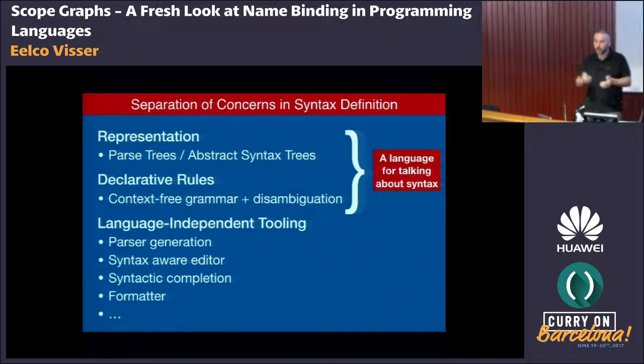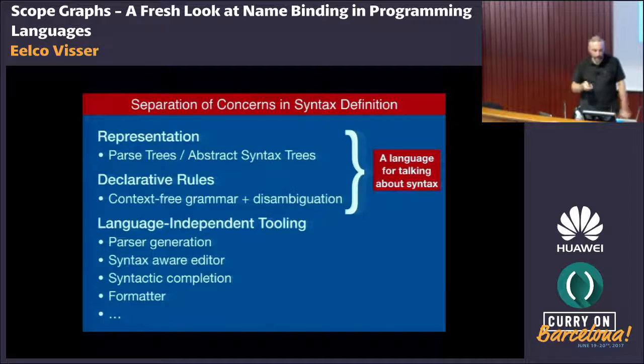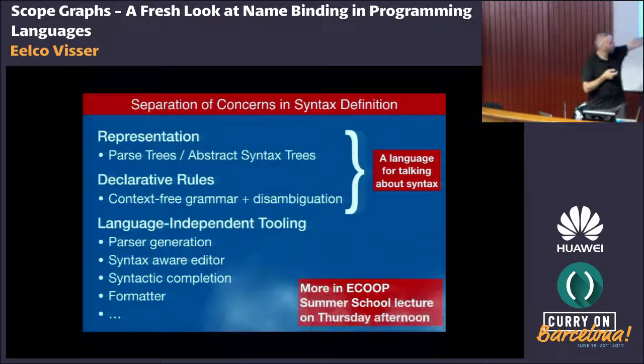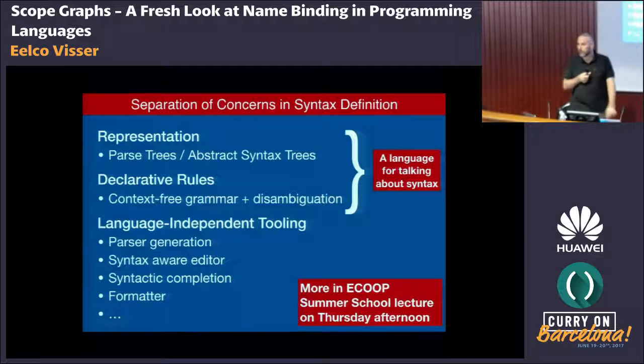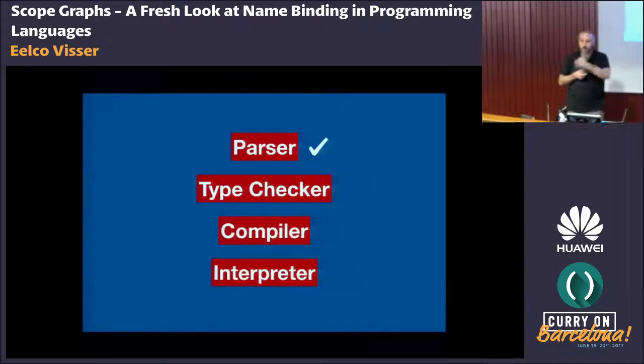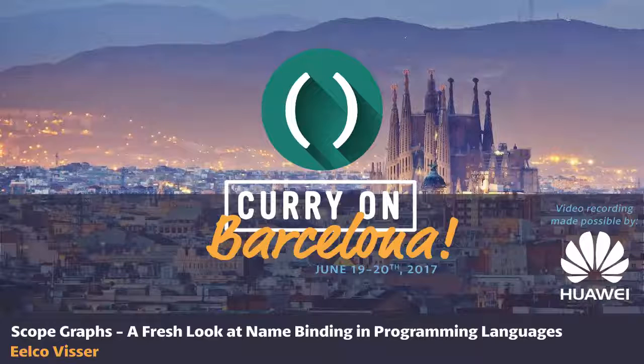So we've written a grammar for our language, and we're done. We have an editor. If you want to know more about this, I'll talk at more length about declarative syntax definition in my summer school lecture on Thursday afternoon. All right, check. We have a parser for.